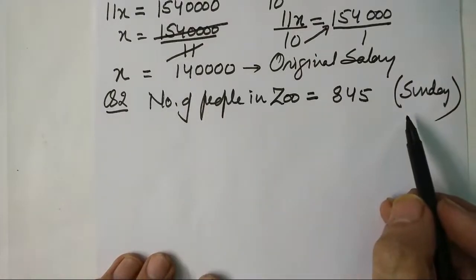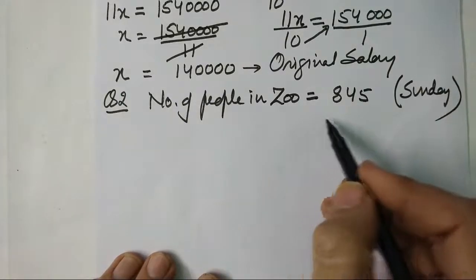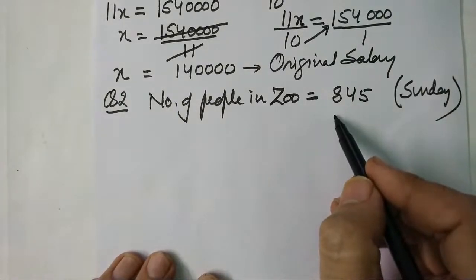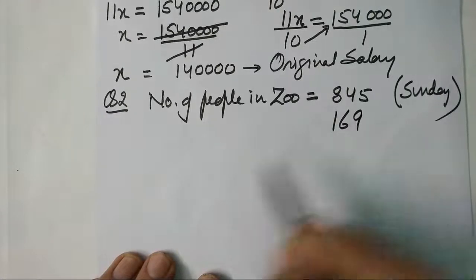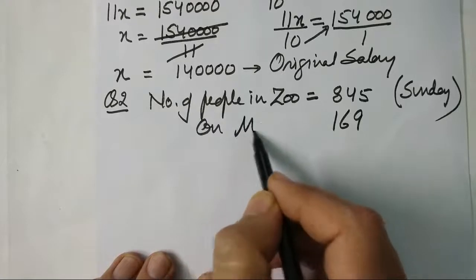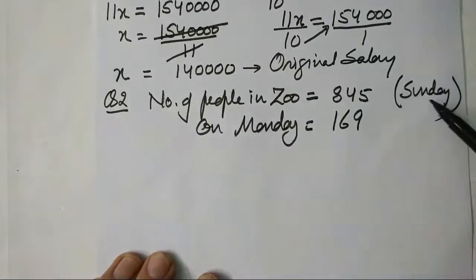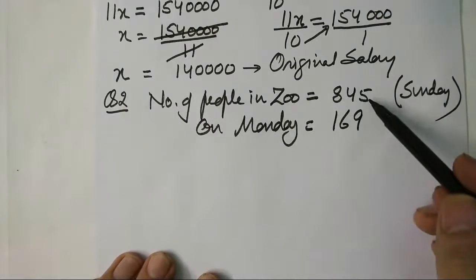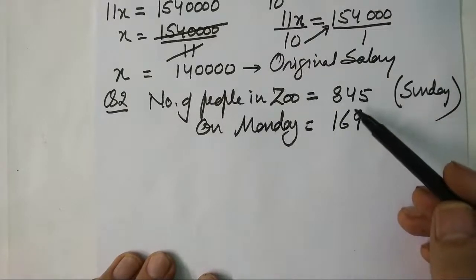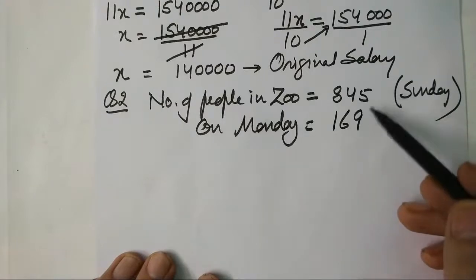So this was the number of people who went on Sunday, and on Monday it was 169. So you are seeing that on Sunday the people who went were 845. On Monday the number became 169. So naturally there is a decrease.